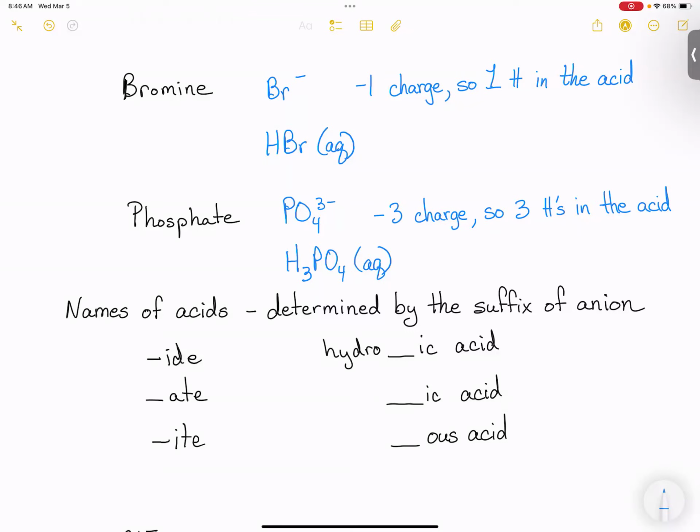If the anion ends in ATE, then the acid is going to get the ending ic acid. And if the anion ends in ITE, then it is going to get the ending us acid. And I am going to illustrate this.